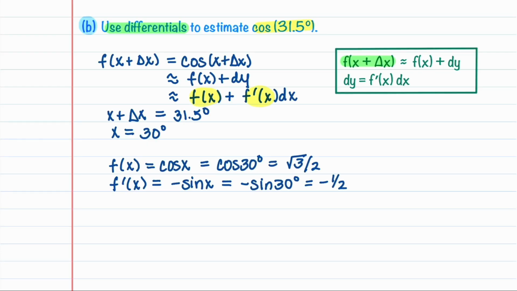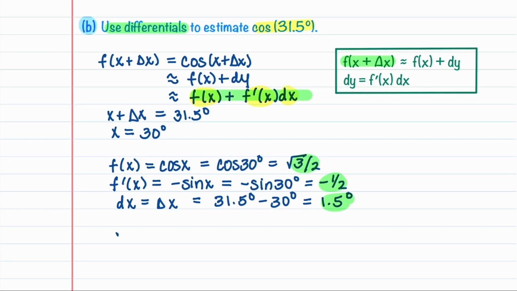And then I also realized that we also have to find dx. dx is the same as delta x, so that is going to be 31.5 degrees minus 30 degrees, which is 1.5 degrees.